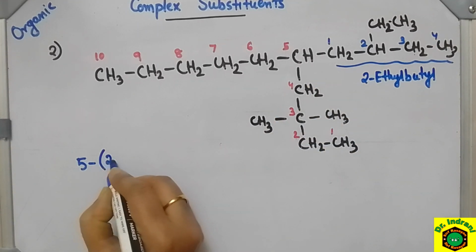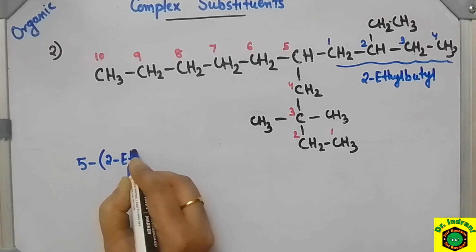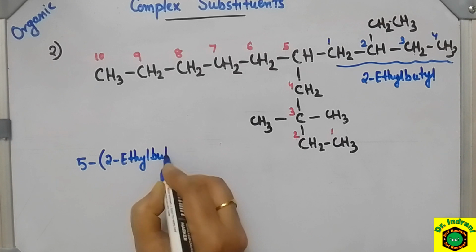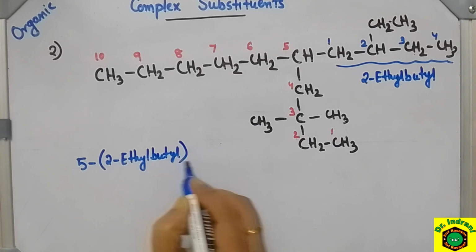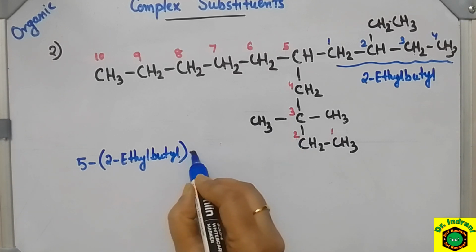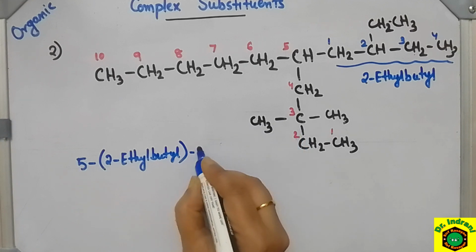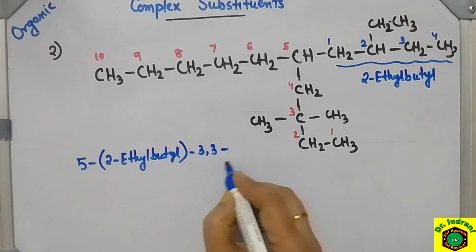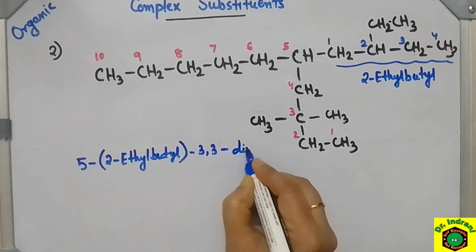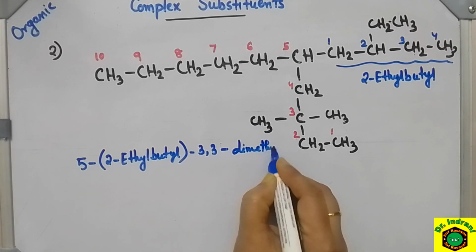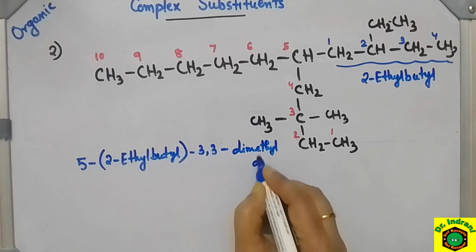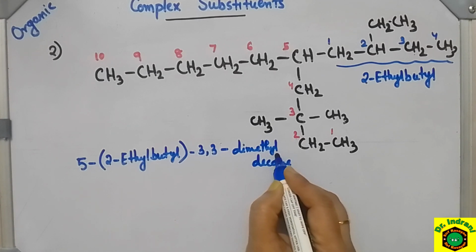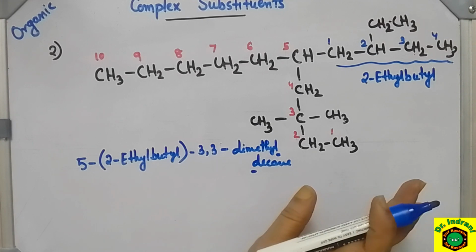So 2 ethyl butyl, close the bracket, and at 3 position 2 methyl groups are there. So 3, 3 hyphen, here I am writing dimethyl decane. Between methyl and decane, between this L and D, there will be no gap.